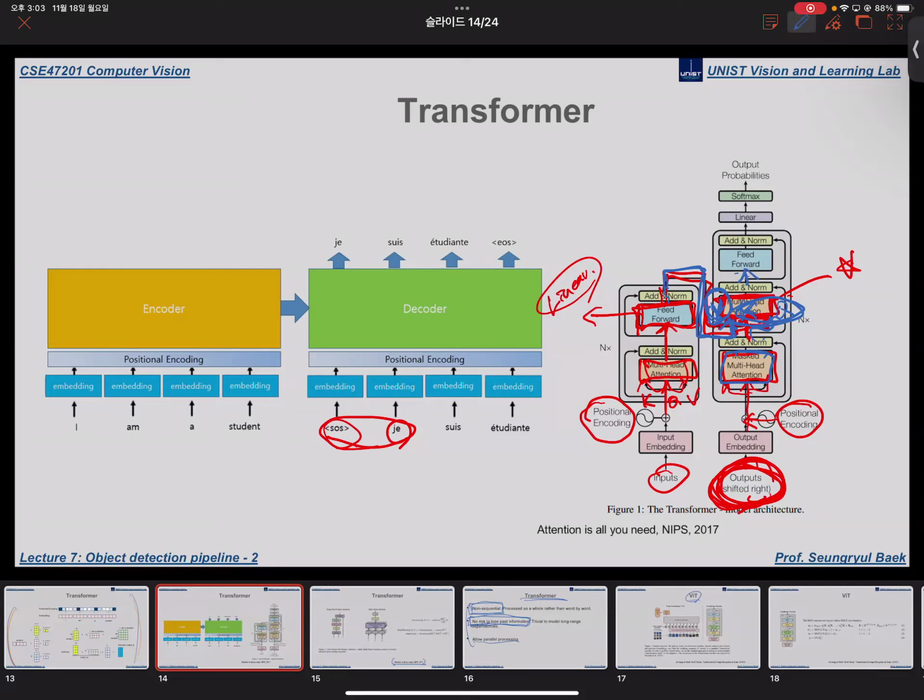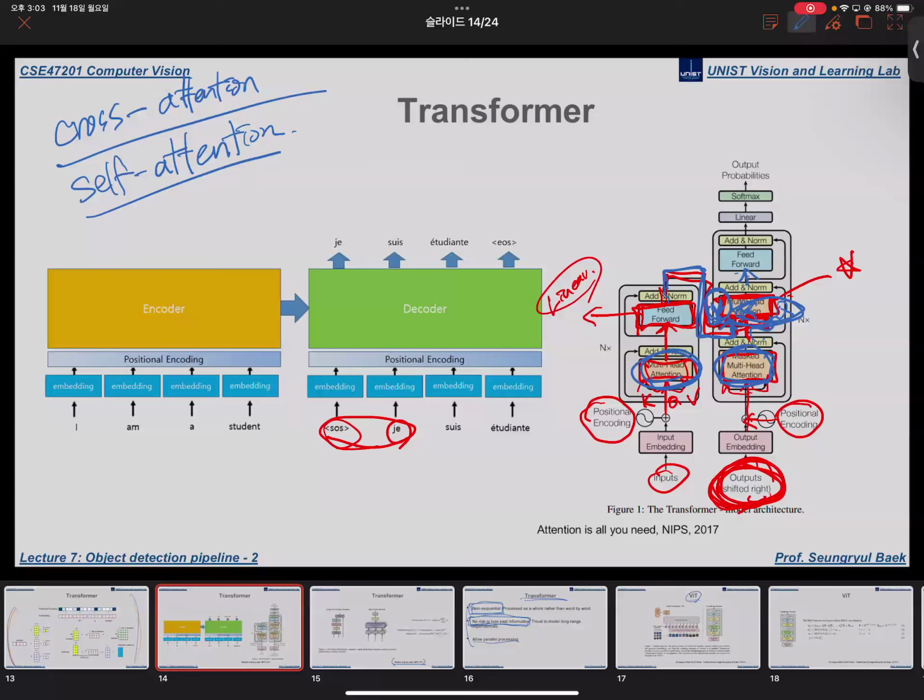Okay, are you guys following this? So this is why it is called the cross attention mechanism. I mean, these two blocks are using the same input as the key, query, value. So that's why they are called the self-attention mechanism. But here, the second attention block in the decoder is somehow mixing the information from the encoder, the features encoded from the input.